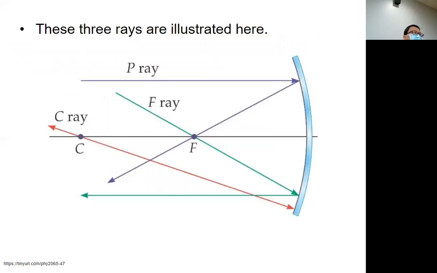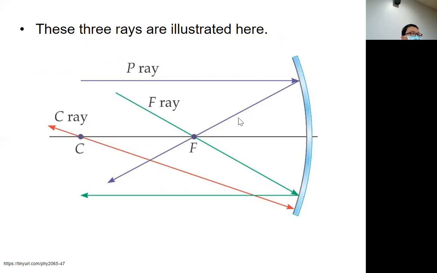You can use 3 principal rays to locate the image. Those 3 rays are the parallel ray, which is parallel to the central axis; the focal ray, which goes through the focal point; and the center of curvature ray, called the C ray, which goes through the center of curvature and hits the mirror.